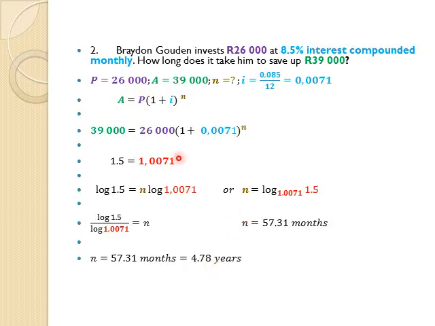Or swap n and 1.5: n equal log, my base stays the same, 1.0071, and 1.5 goes to the other side. Punch in my calculator and I get n equal 57.31 months, which also equals 4.78 years. So hope you follow. That's the easier variation.